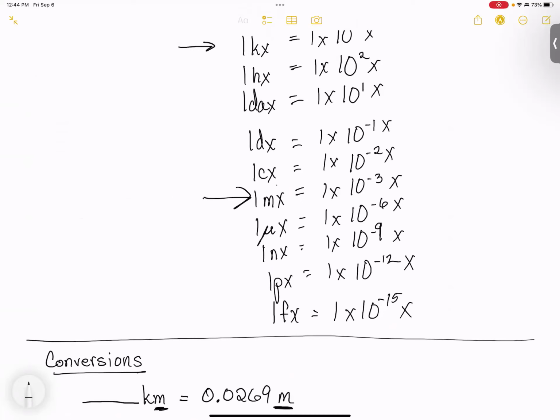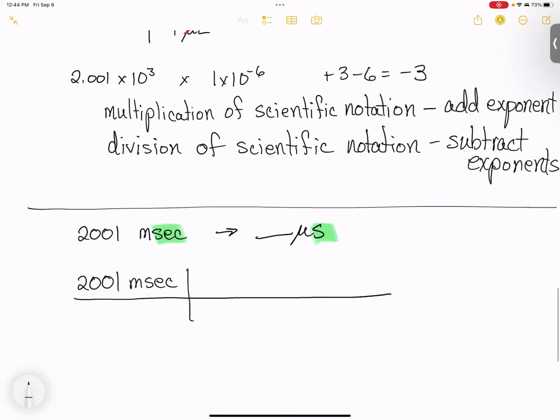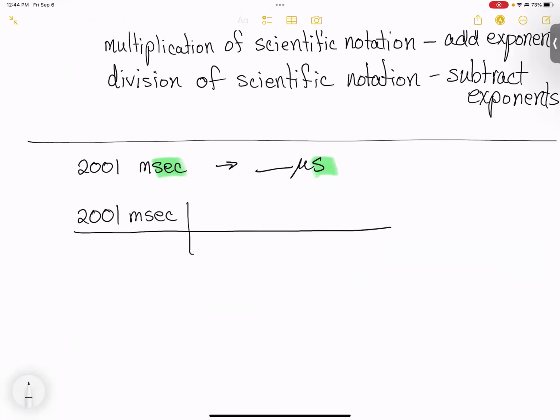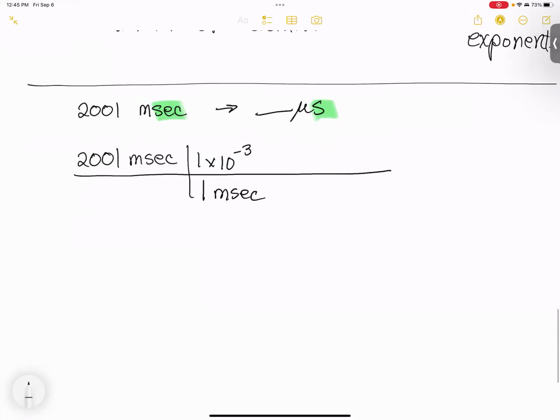Because milliseconds was in the numerator, I have to put that 1 millisecond in the denominator. And the 1 times 10 to the minus 3, the other half of that equality goes in the numerator.